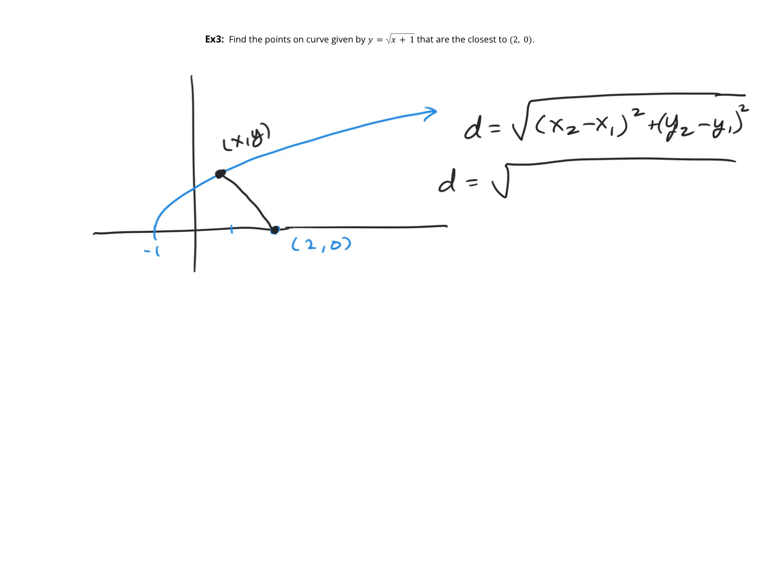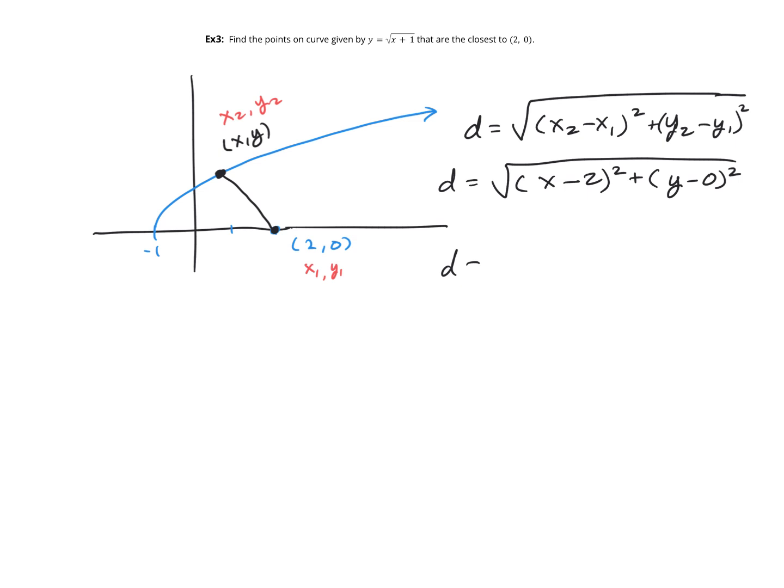So we're going to make x1, y1 our point that doesn't move, and our moving point is going to be the x2, y2. So our x2, y2, we're going to call that just plain x, y for now. So it's going to be x minus 2 squared, and then y minus 0 squared. So that's our distance function.